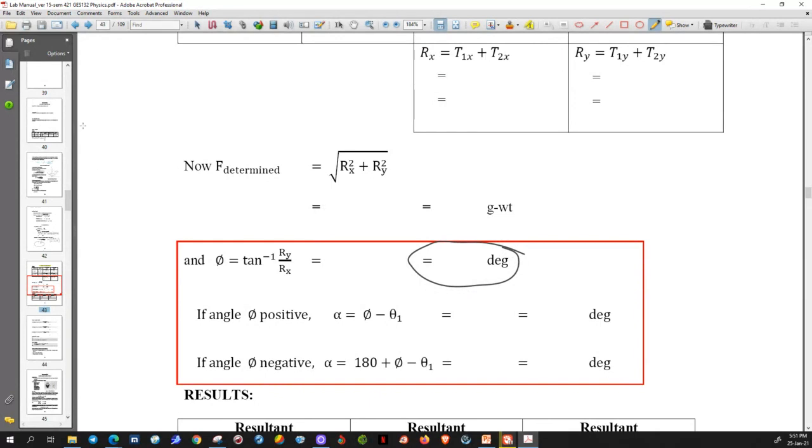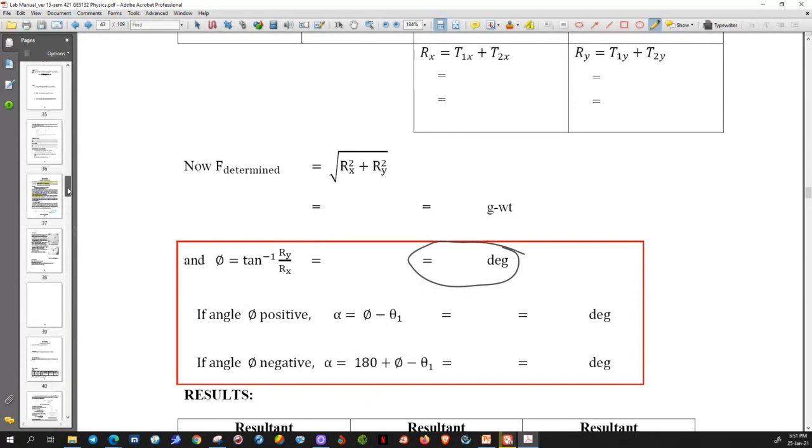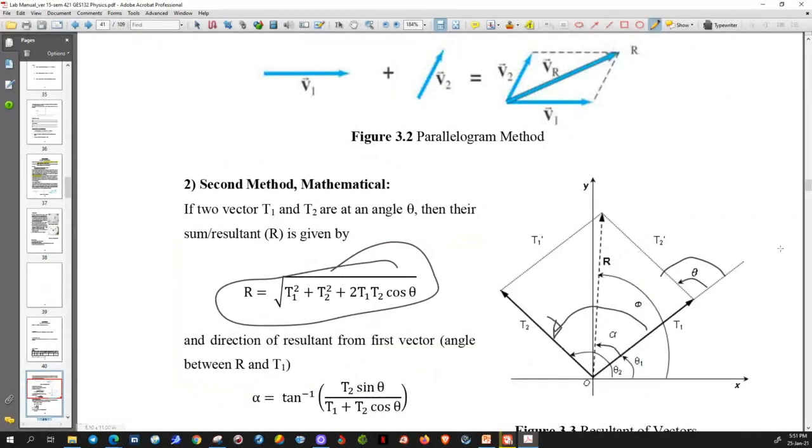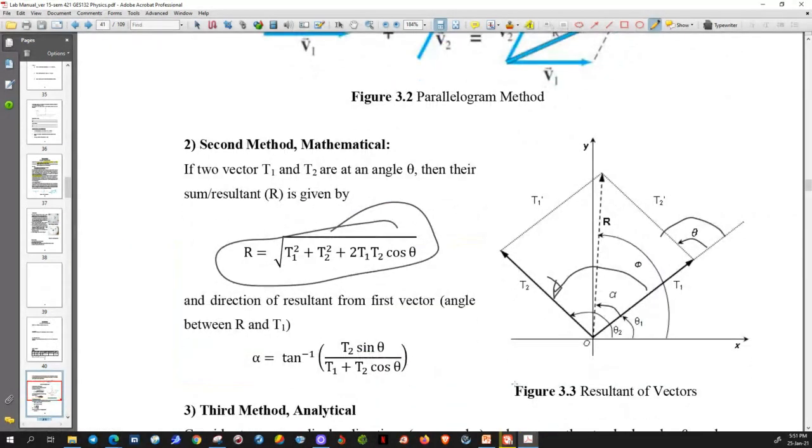What is phi in our graph anyway? Let's go back to the graph. Where's my graph? One second. There it is. Okay. This is like the graph that we have. Remember that we have alpha. Let me show you alpha. This is alpha. Let me show you phi. This is phi, the angle from the x-axis going to your resultant.